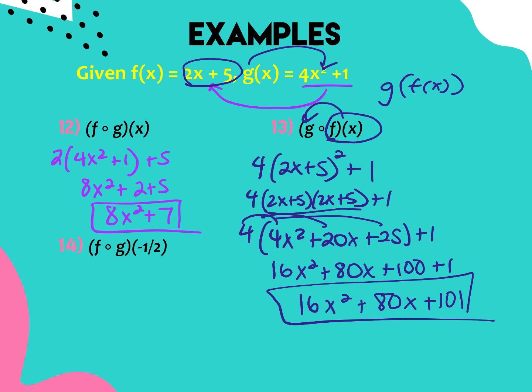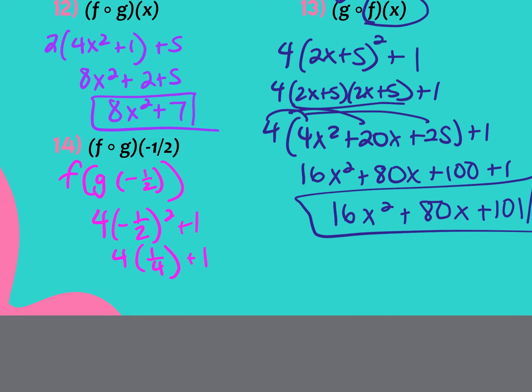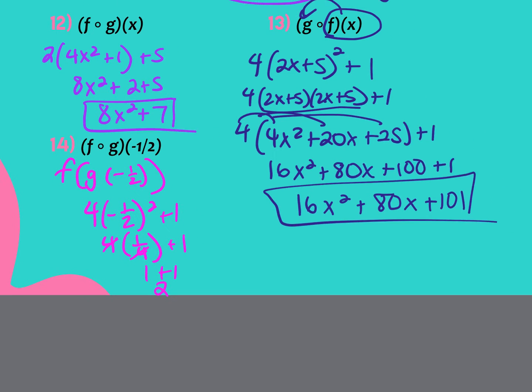All right, last one is f of g of negative 1/2. So I would rewrite it if it confuses you. If you like the parentheses, do it. The negative 1/2 goes into the g. So into my g goes negative 1/2 squared plus 1. This is 1/4 plus 1. 1/4 plus 1... that would be g of negative 1/2.